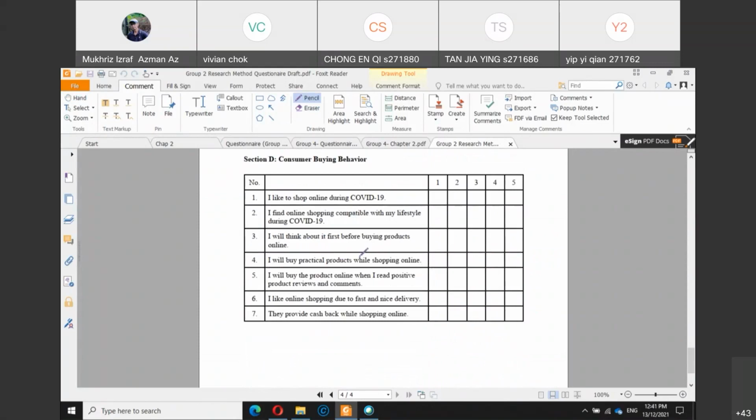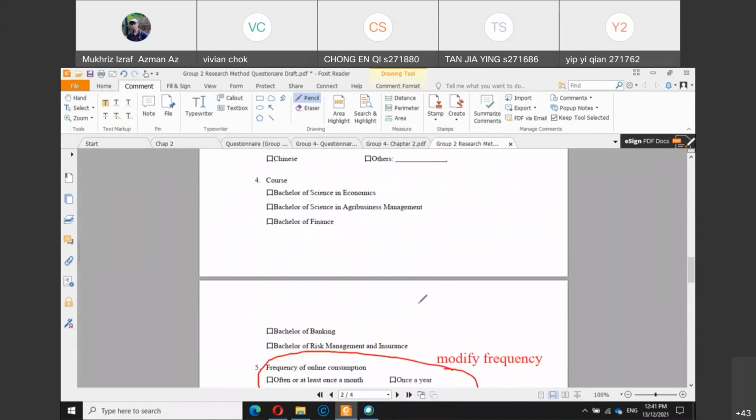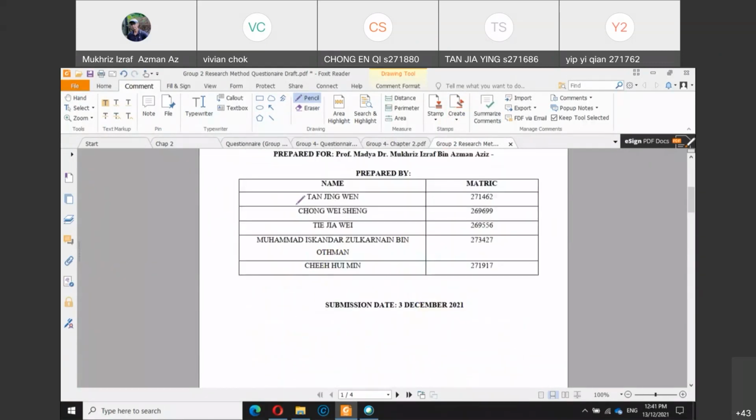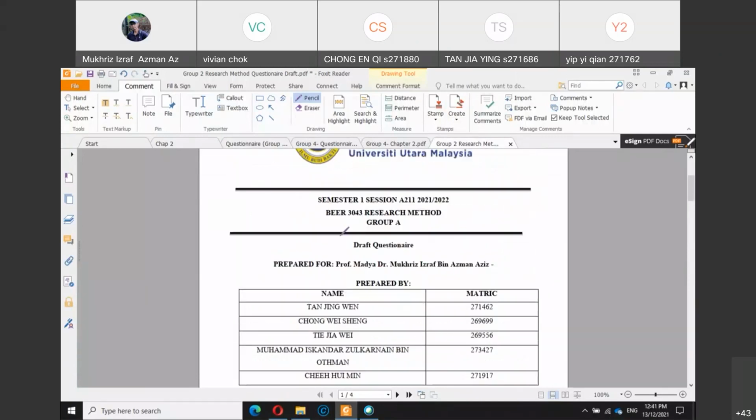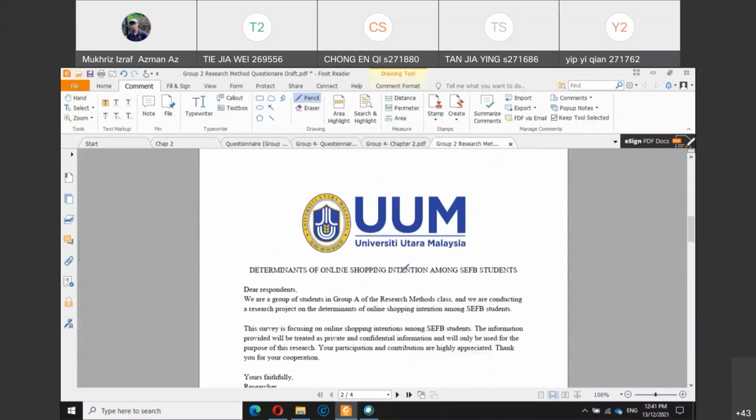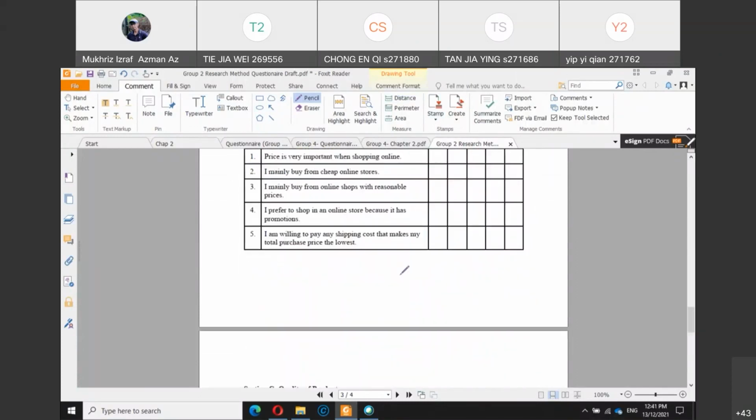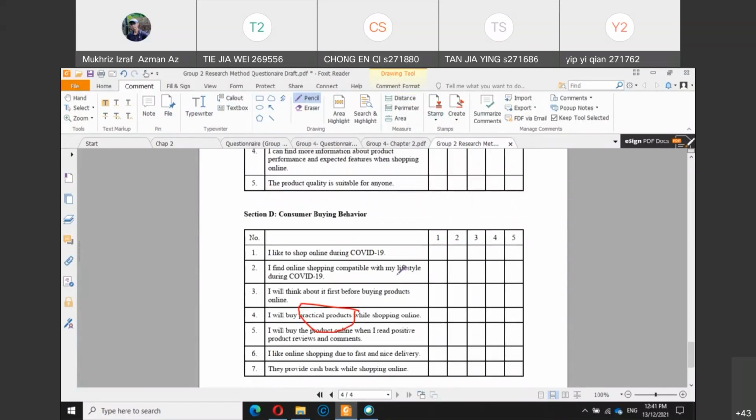I will buy practical products. What is practical products? Group 5? Which is group 5? The item is the quality of product. Did you all create these questions yourselves?